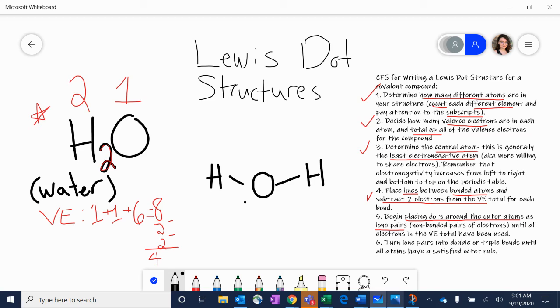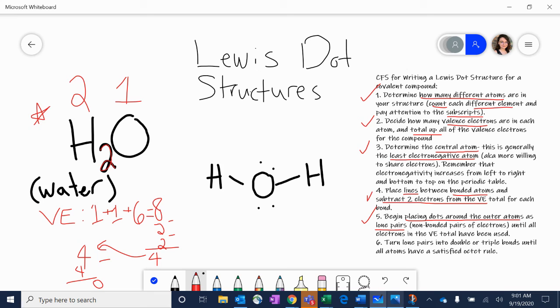So we're going to put a lone pair on oxygen and a lone pair on oxygen. I'm going to straighten out my lone pair a little bit down here. A lone pair on oxygen. So now I have 1, 2, 3, 4 electrons used up. So I'm going to move my total over here so I have more space. I've spent all my valence electrons.